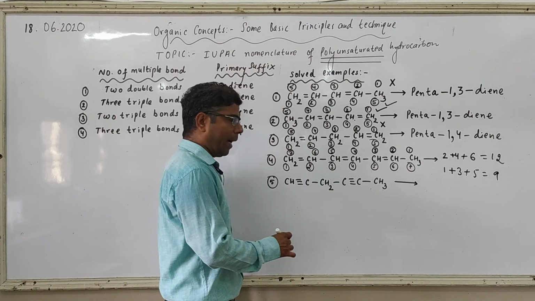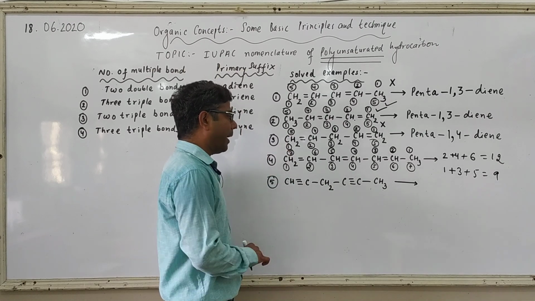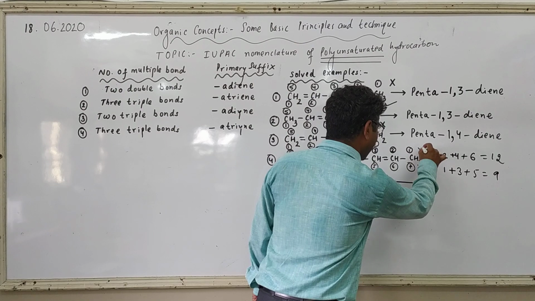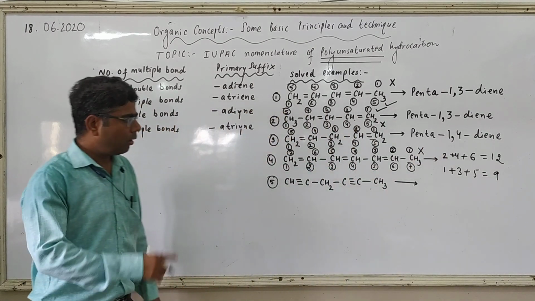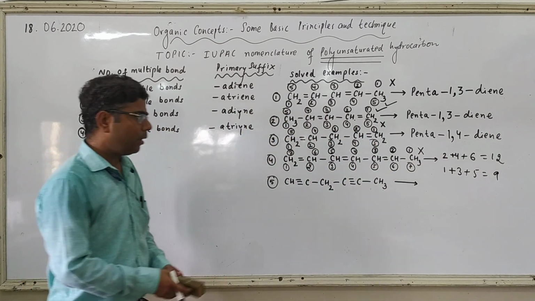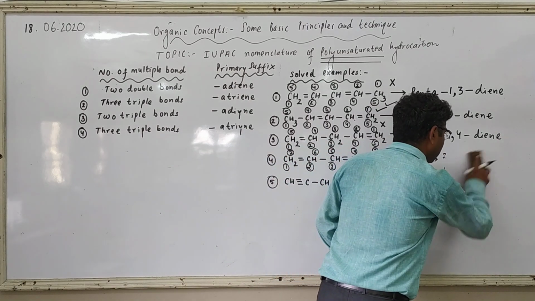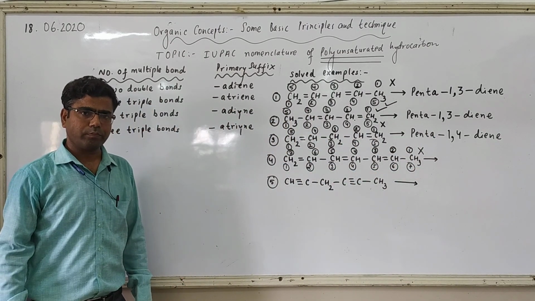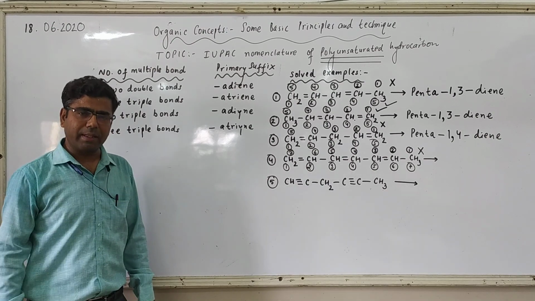So we will avoid assigning numbers to carbon atoms of the parent chain from right hand side. Rather, we will go for left hand side numbering. So according to left hand side numbering, the correct IUPAC nomenclature: total 7 carbon atoms.